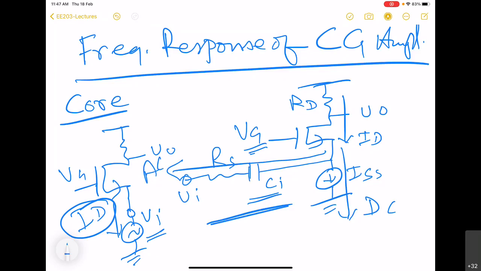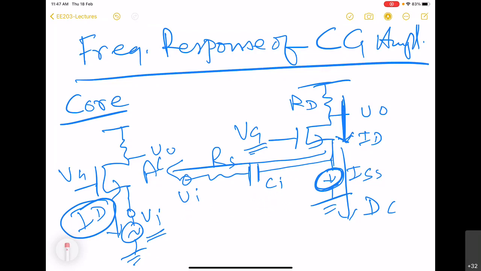So this capacitor we have put here so that DC does not flow towards VI, but once you have blocked the path for DC, there has to be some path from here to ground for the DC. So we do that by putting one current source here, right? So this is the circuit we are going to consider.